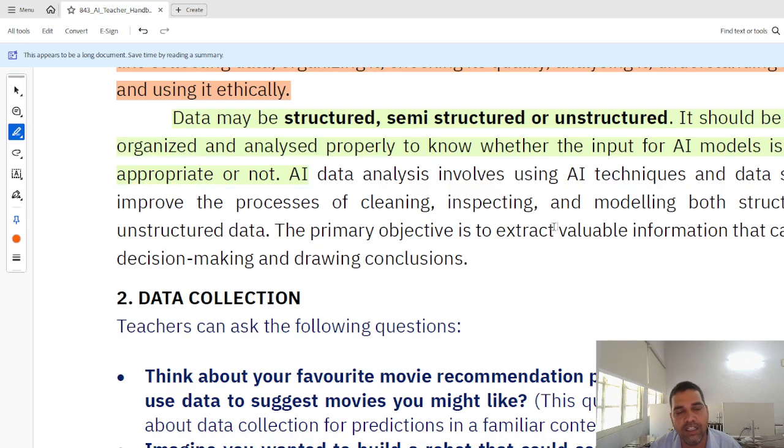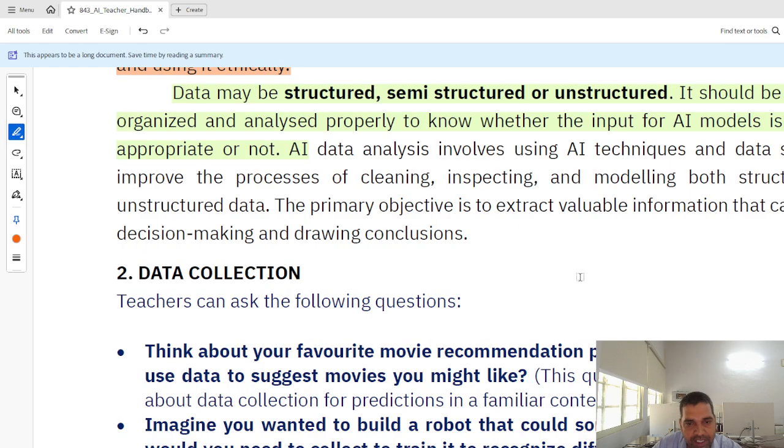We clean the data, removing noise and unwanted values, and replace missing values with the average value. We inspect and model both structured and unstructured data. Our primary objective is to extract valuable information from the data which can support our decision-making process.